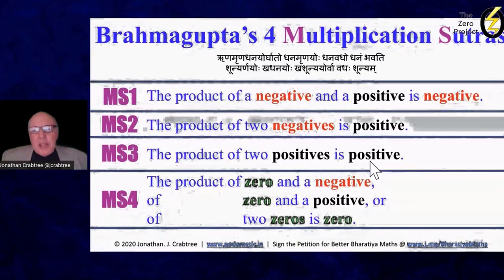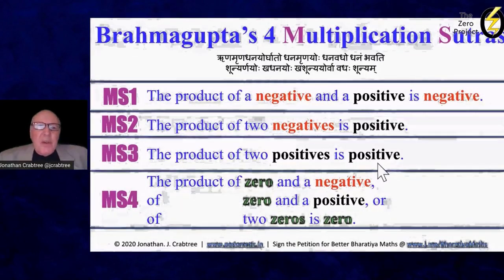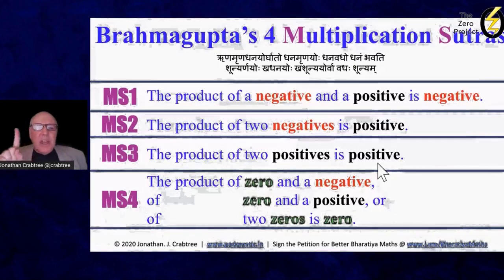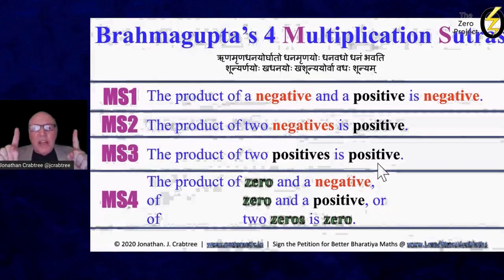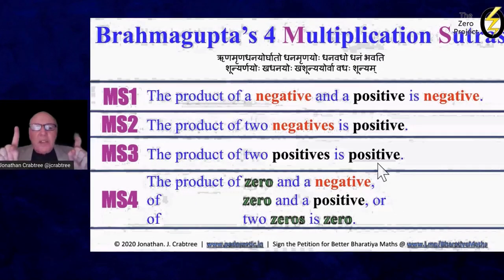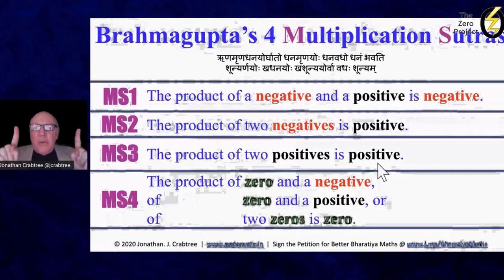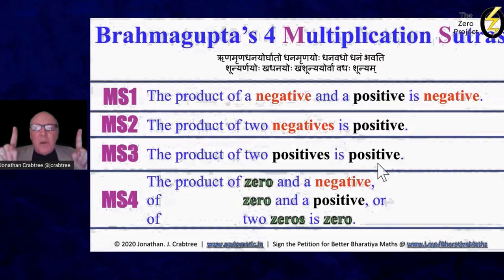Here we see the multiplication sutras. If you accept that 0 is defined as a sum of equal and opposite quantities, we could say that this one here is -1 and this is +1. And together they sum to 0. Now, -1 multiplied by -1 actually means -1 subtracted from 0 one time.